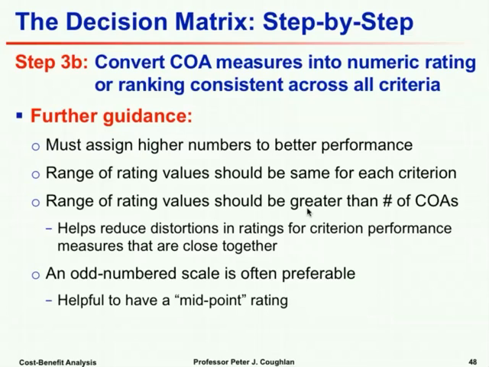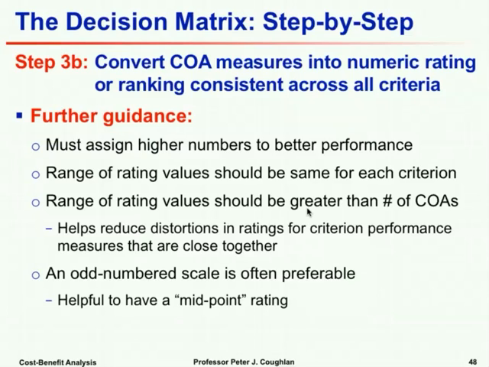The range of rating values should be the same for each criterion. If one criterion's values are all between 8, 9, and 10, and the other ranges from 1 to 10, you've devalued the criterion with the lower range.